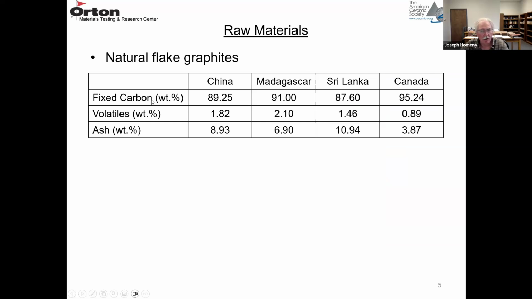And the fixed carbon content is about 90, 91, 87, and 95% by weight of carbon. There are some volatile materials, usually less than 1 or 2%. And then the ash content is the balance, and they range from about 7 to 11% ash.